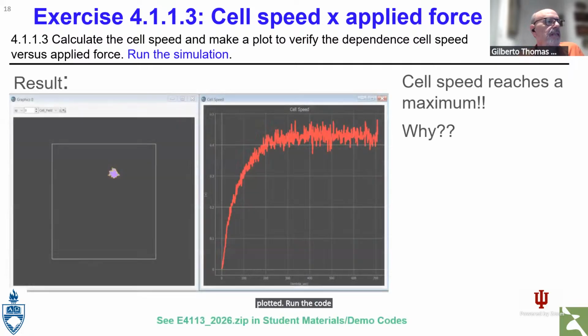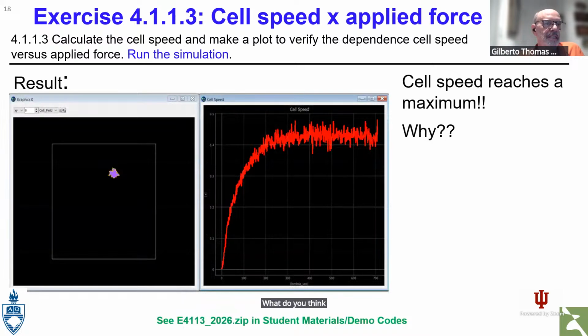What do you think happened? If you let the simulation run for 1-2 minutes, you can see that the cells reach a maximum speed. I mean, it accelerates during a certain amount of time.